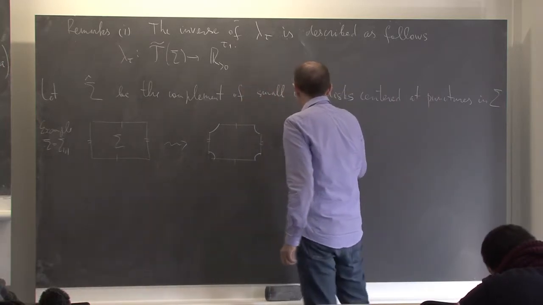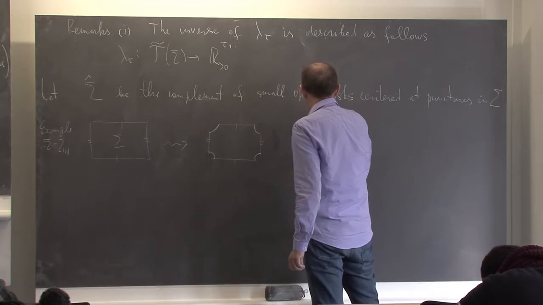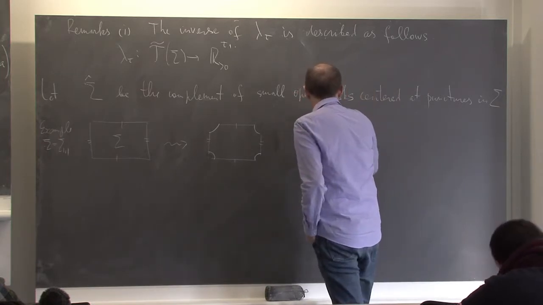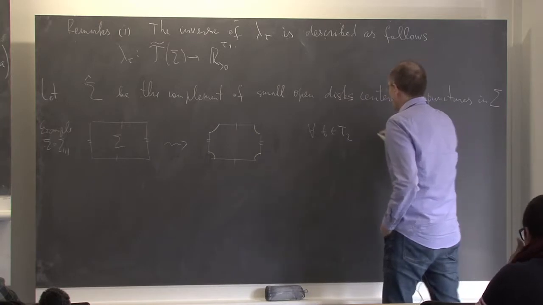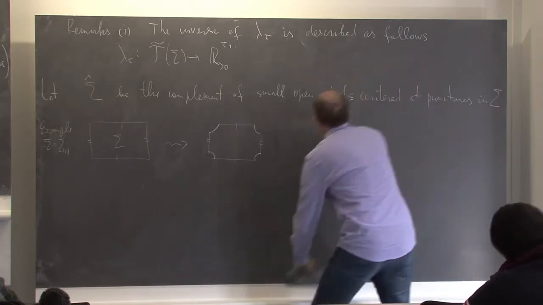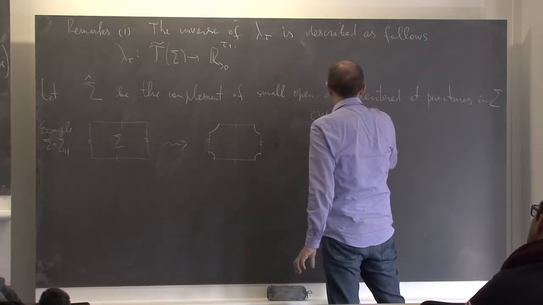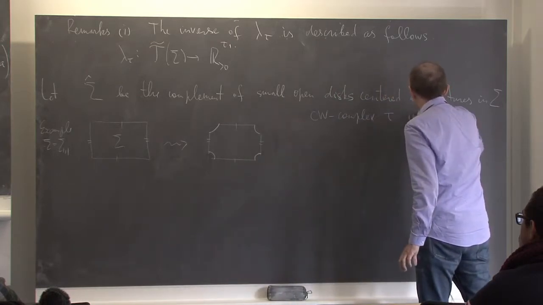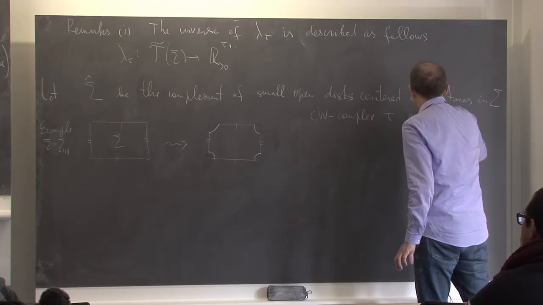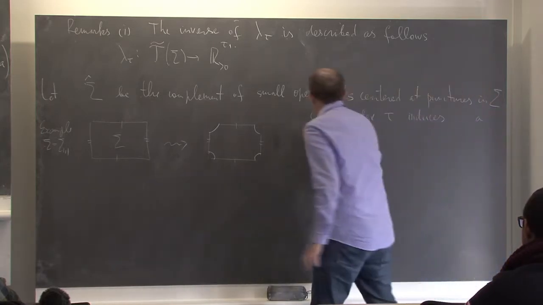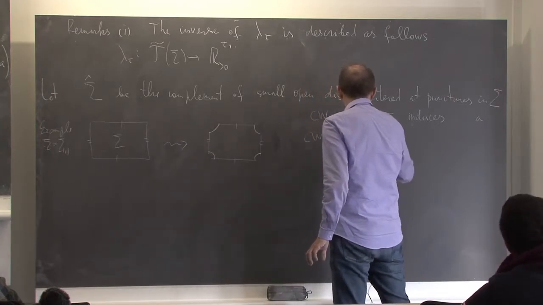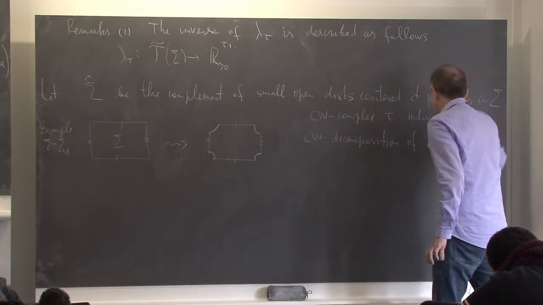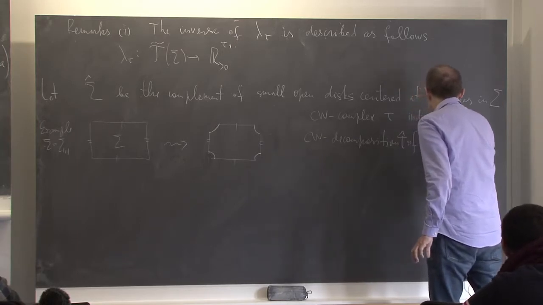And then, for any t in tau 2, the CW complex tau induces a CW decomposition tau hat of sigma hat.